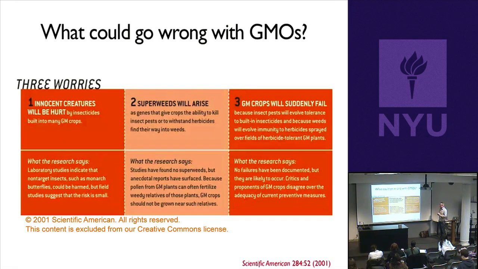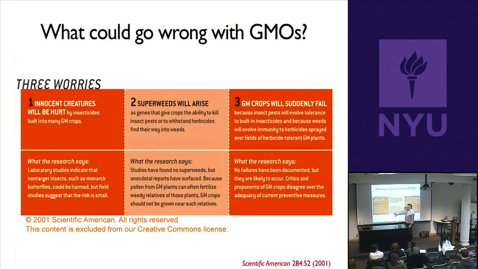And the idea is if you have fields and fields and fields planted with these plants that are making that toxin, then not only the bad insects are going to get killed, but also beneficial insects or insects that people have attachments to, like monarch butterflies. And so that could be a pretty serious byproduct of the widespread use of Bt modified crop varieties.